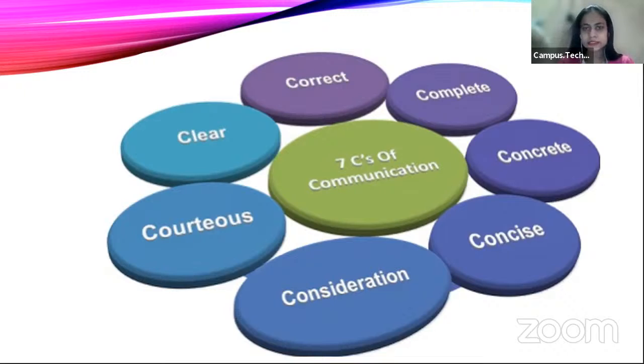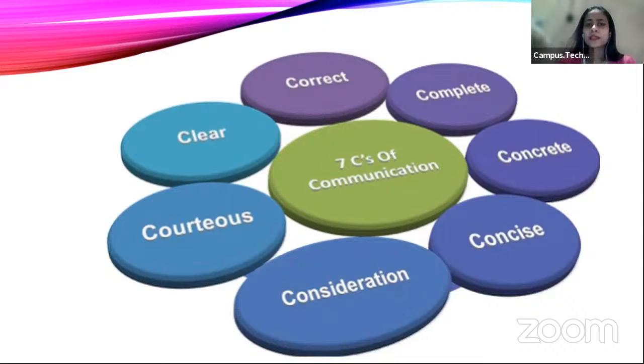Why are these 7 things important when you are delivering your content, when you are delivering your message? Why are these 7 C's important? What do you think? What is the importance of having these 7 C's while communicating? Why should information be correct?